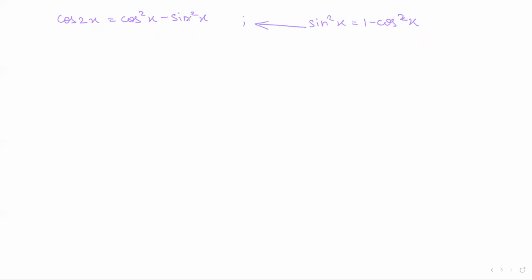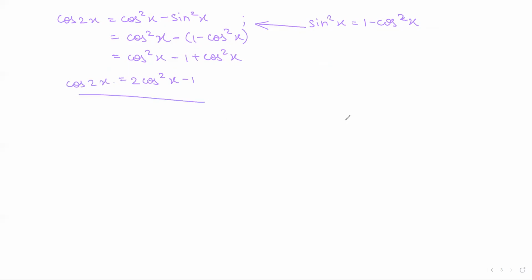This sin square x value can be placed over here. You can have cos square x as it is, and sin square x you are substituting as 1 minus cos square x. This is equal to cos square x minus 1 plus cos square x, which is equal to 2 cos square x minus 1. So this is another formula for cos 2x.